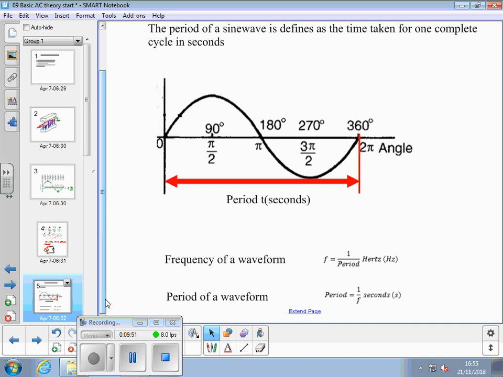So frequency and period are reciprocals of each other. You can get the frequency by 1 over the period, and you can get the period by 1 over the frequency. Okay with that so far? Good.